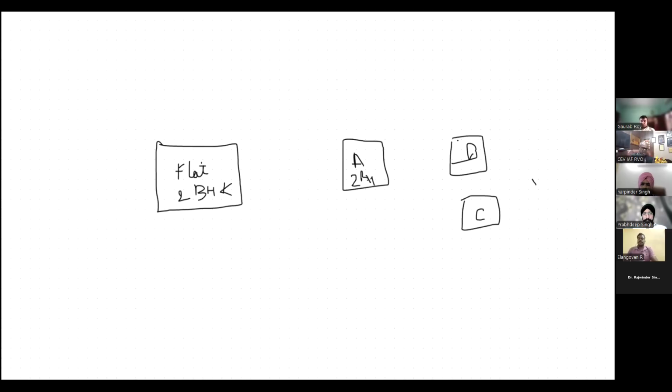This is also 2 BHK. Let us suppose this flat was sold for 40 lakh. This flat was sold for 38 lakh. This flat was sold for 42 lakh.